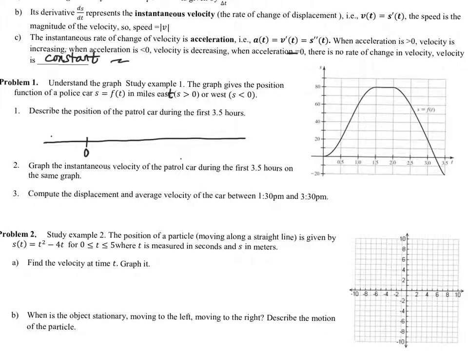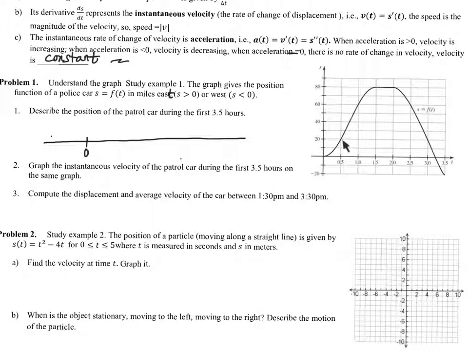Now let's read the graph. At the beginning, when time is 0, the position is 0, so that's where we are at. 0.5 hours later, the car is at 20 miles.